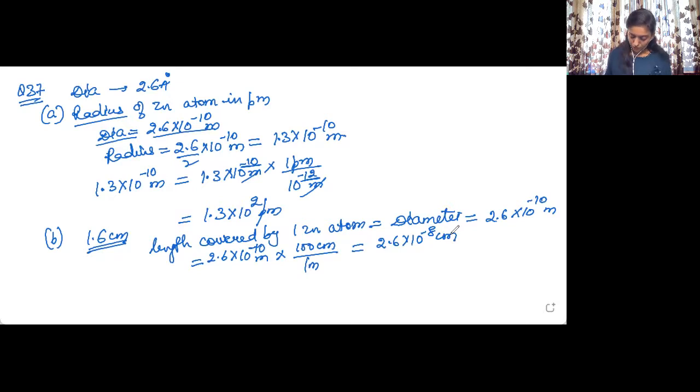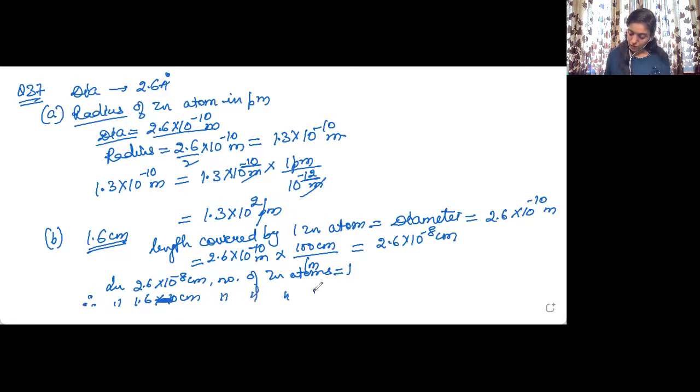Okay, so in 2.6 into 10 raised to the power minus 8 centimeter, number of zinc atoms is equal to 1. Therefore, in 1.6 centimeter, there is no power.